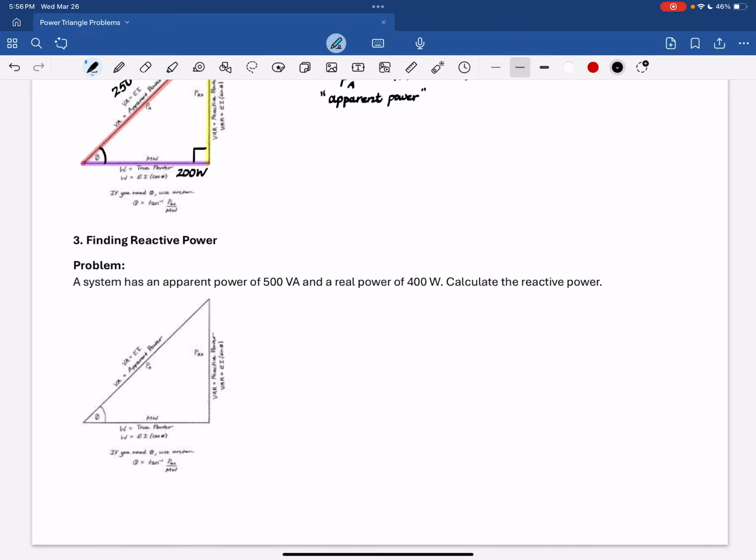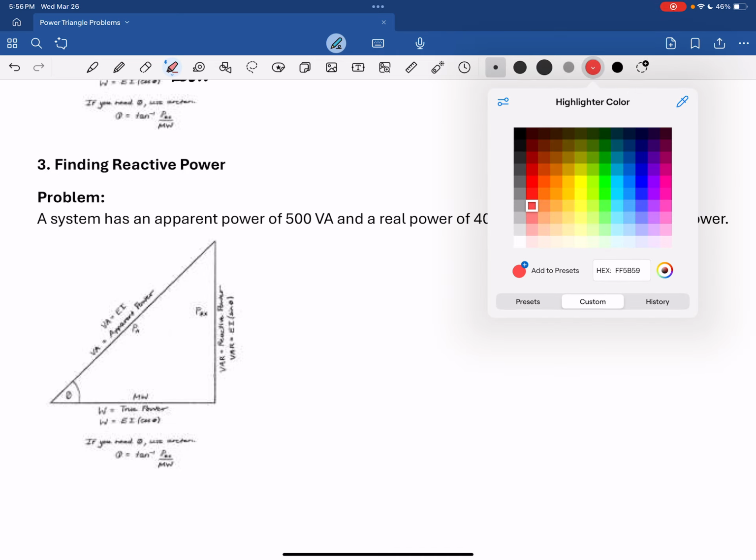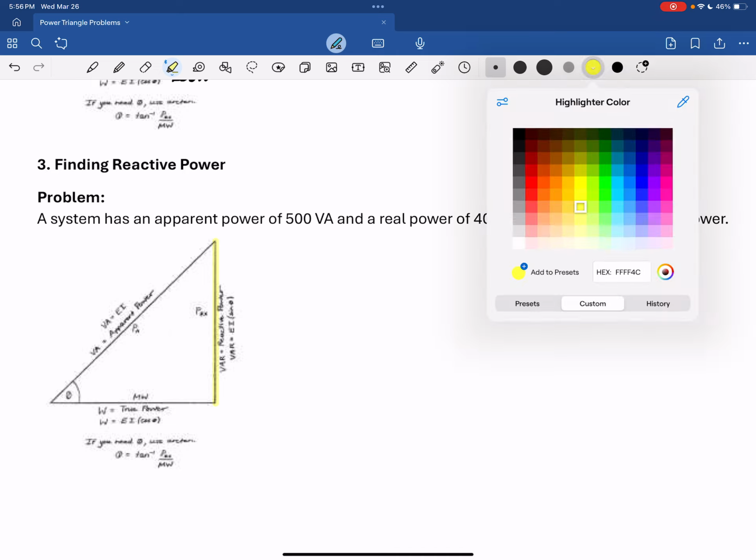Number 3, they want us to find reactive power. So they're looking for VAR. A system has an apparent power of 500 VA. That is hypotenuse. Oops, got the wrong color. We're looking for this one. Hypotenuse, I'm using red.